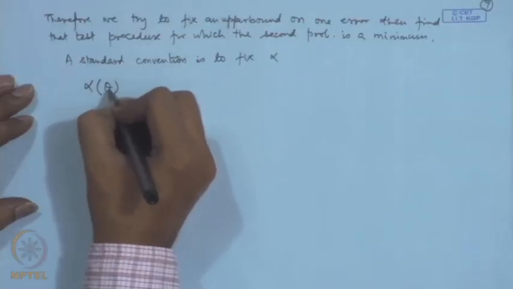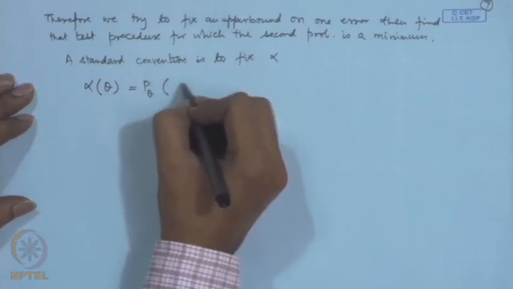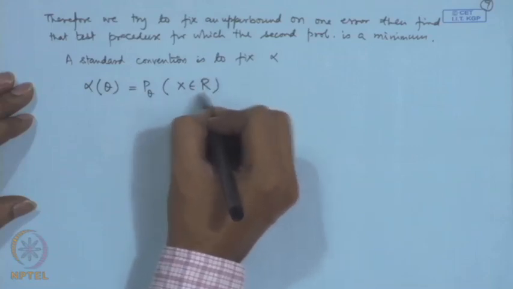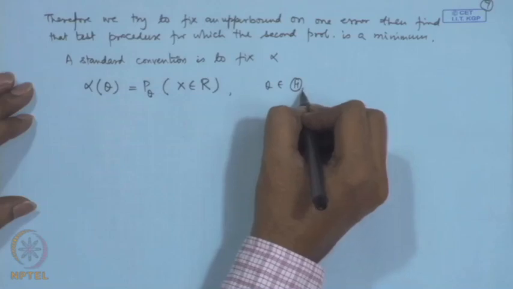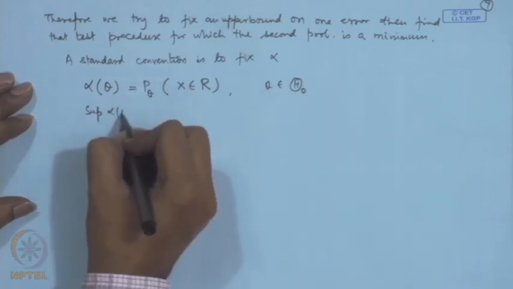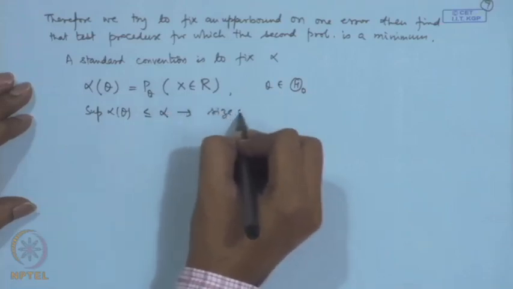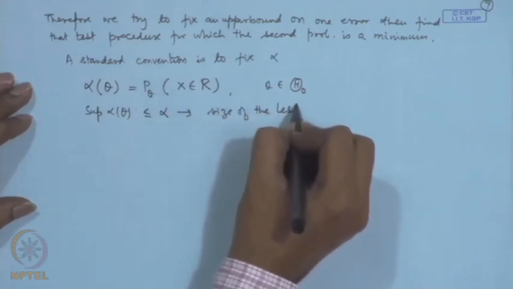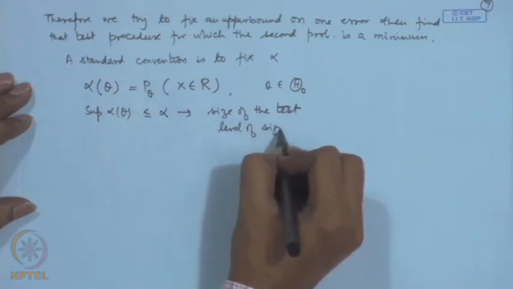So, for example, alpha will be in general a function of the parameter, that is the probability of rejecting H naught when theta belongs to theta naught, that is, when it is true. So, we take supremum of alpha theta less than or equal to alpha. This is usually called the size of the test or level of significance.